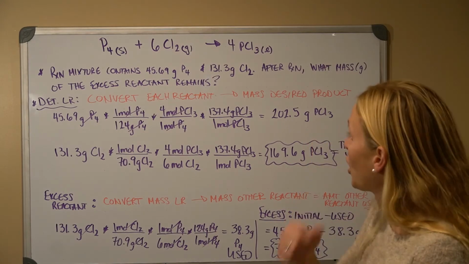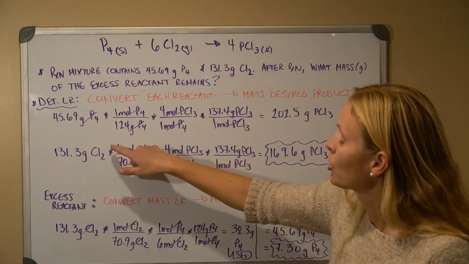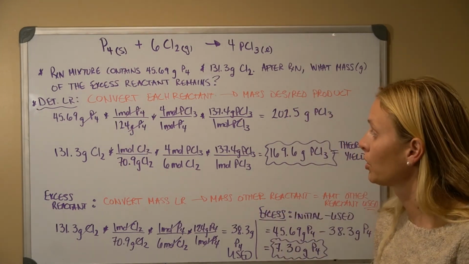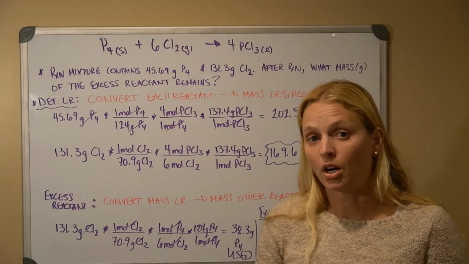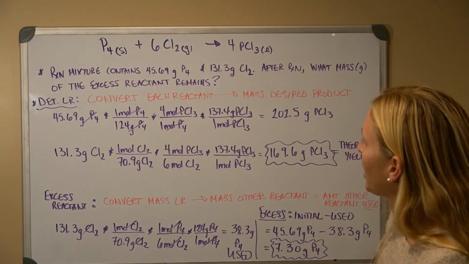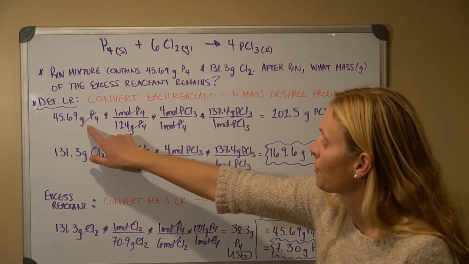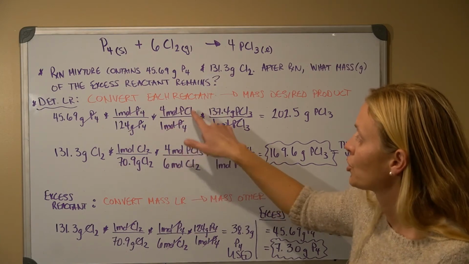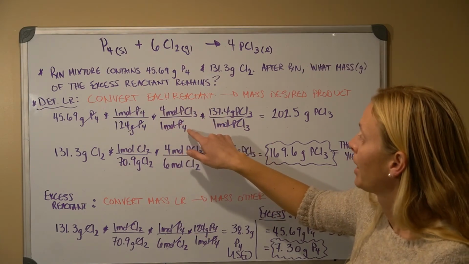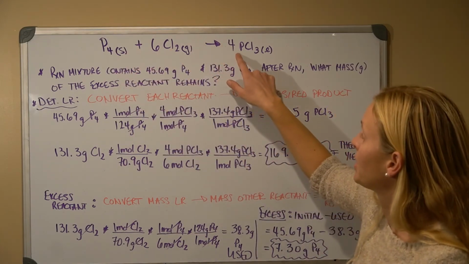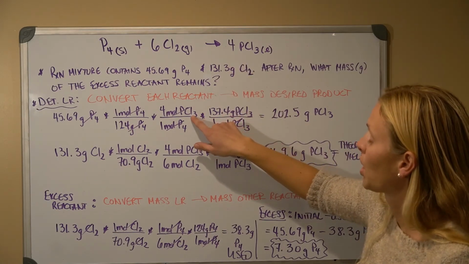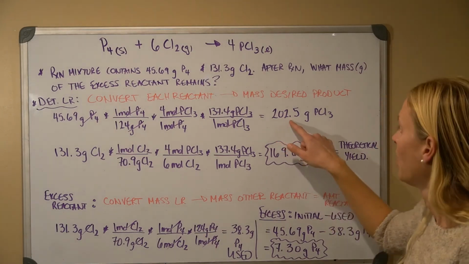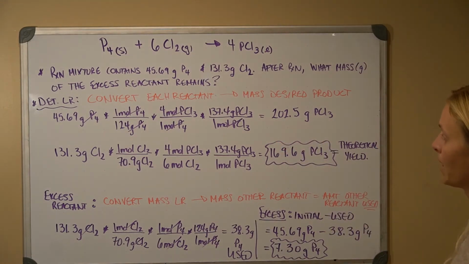In each of these calculations here, you can pause the video to take a look at the work more clearly after you work it through yourself. But in each one you'll see we go from the mass to the moles of each reactant, and then I'm going to use the mole ratio to go from P4 to PCl3, getting the moles of product, and then using the molar mass of the product to get the mass that I can get with the P4 reactant.